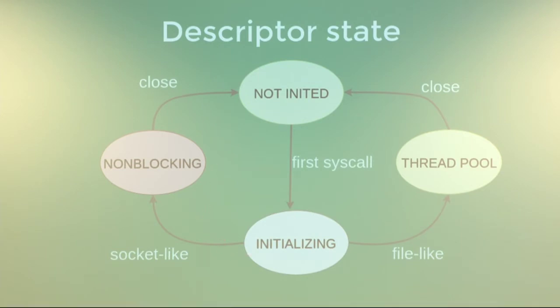Basically, you have some good file descriptors like sockets, and they can be non-blocking, and you have files and stuff on Linux that don't behave like that. So there are two forks in the road here.